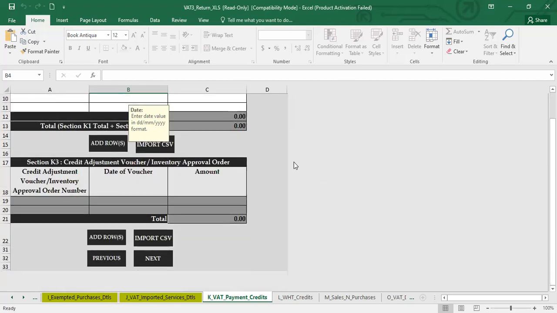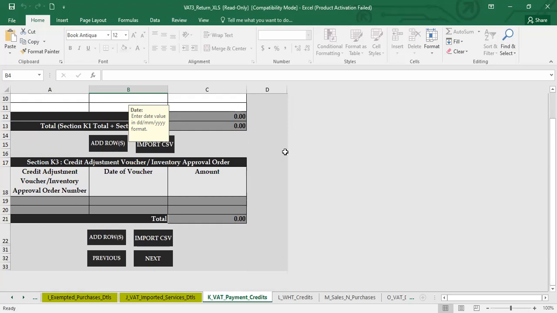So also we have section K, that is credit adjustment order, not in inventory approval order. So maybe here you had made a purchase, or you sold something.